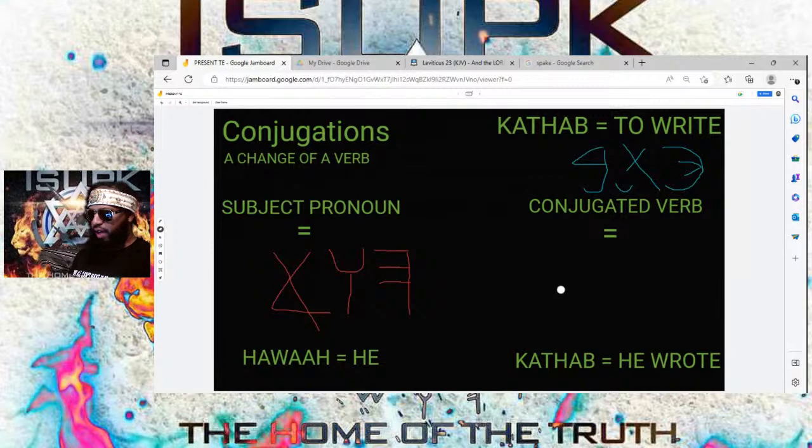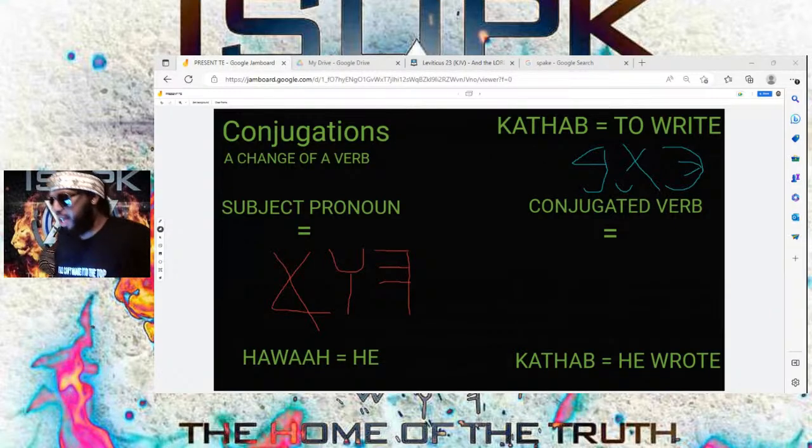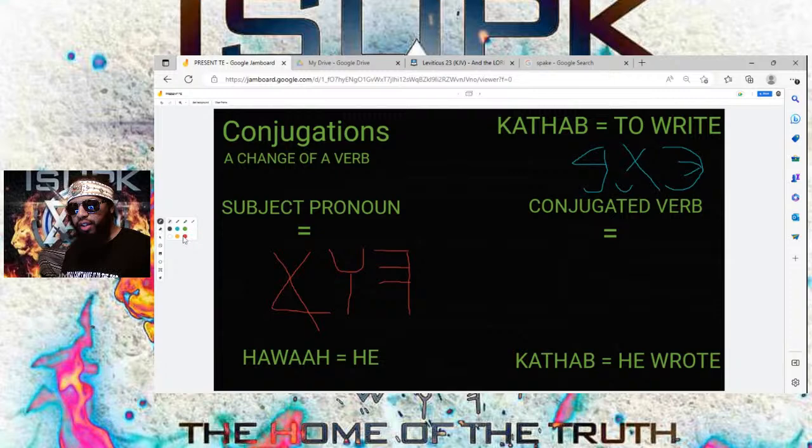Some things are just going to have to be taught, and some things you're just going to have to remember. You want to be very careful and get better at distinguishing things. Here's why. I'm about to give you an example right here in the future tense. So let's get the conjugation.